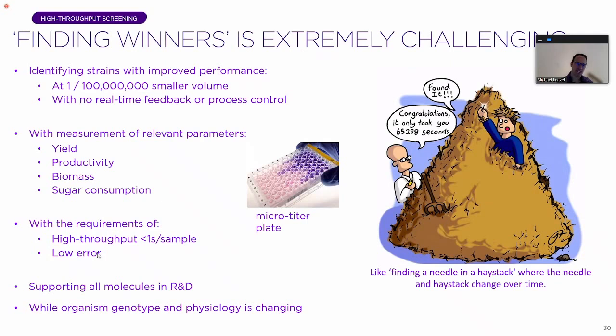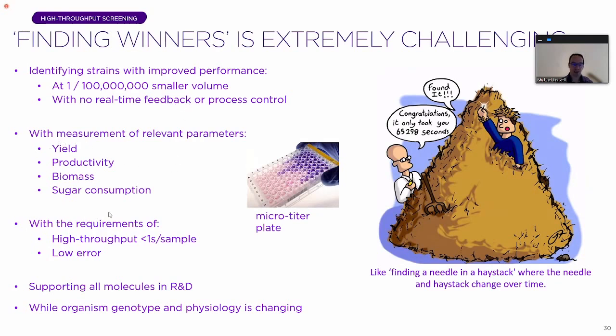So just to outline the differences between these two scales, screening at a 96 well plate scale versus the manufacturing scale, we're trying to identify strains with improved performance at 1/100 millionth the volume, with no real-time feedback or process control as you'd have in a bioreactor.